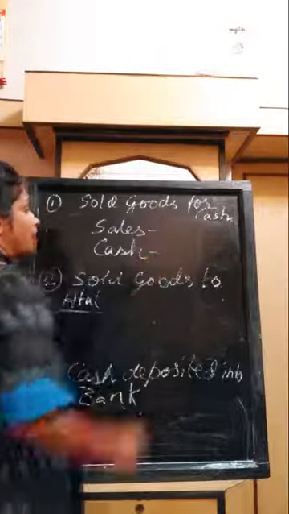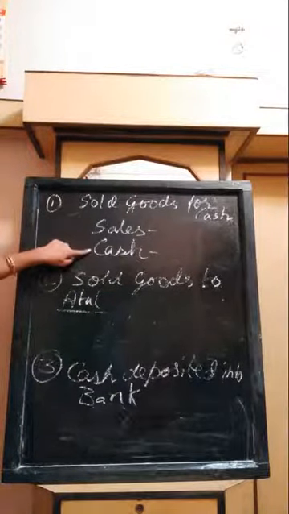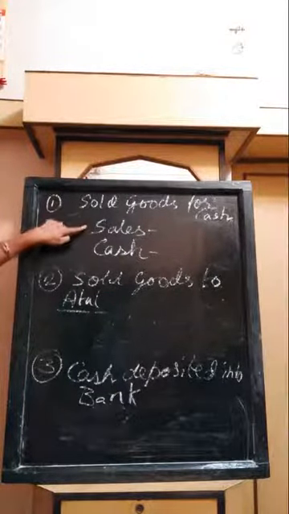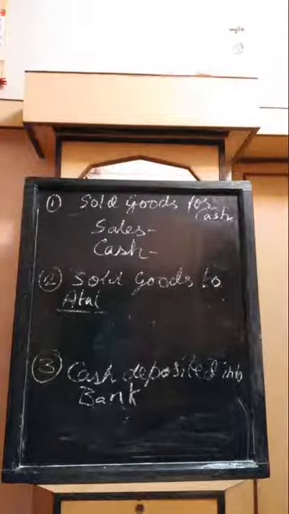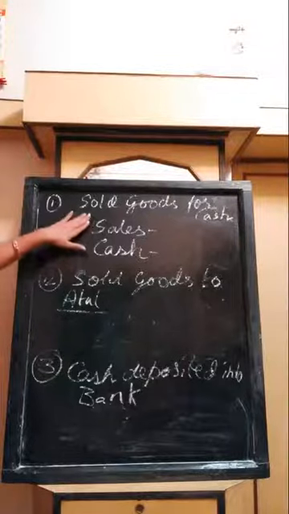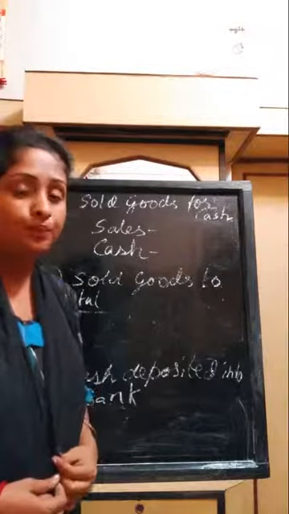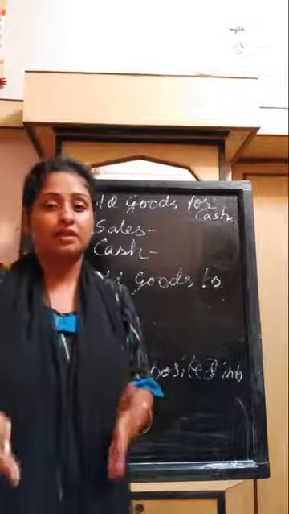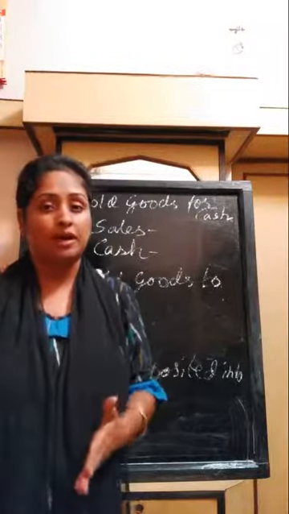Now one by one I will tell you what the types of account are. First of all we have the sales account, for sales of goods. Sales indicates income. Income means nominal account.